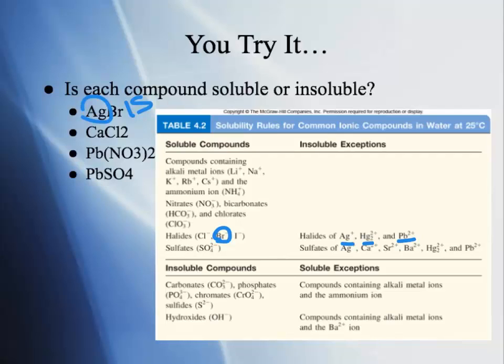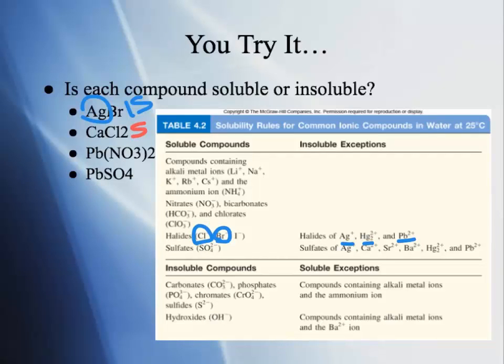Calcium chloride. Chlorides are part of the halides, and they are usually soluble, except if they're with silver, mercury, or lead. Well, calcium's not one of the insoluble exceptions, so this is soluble.